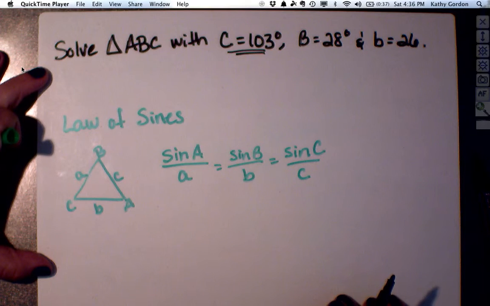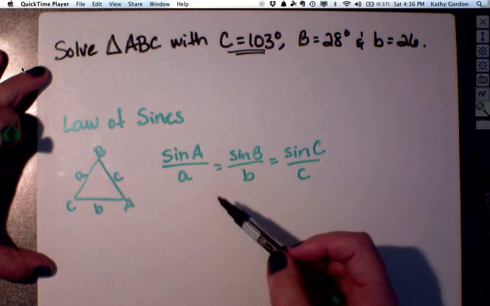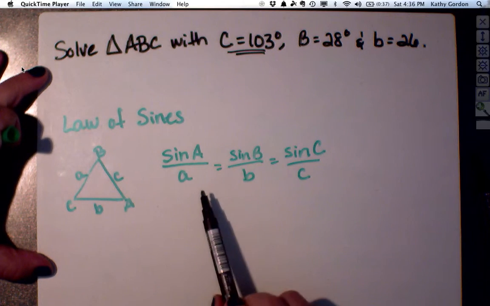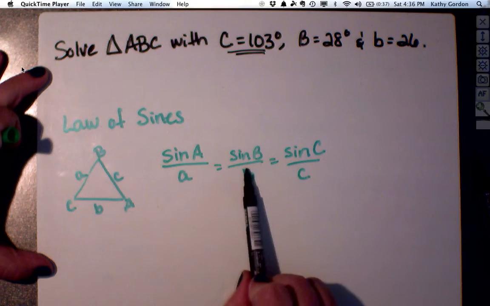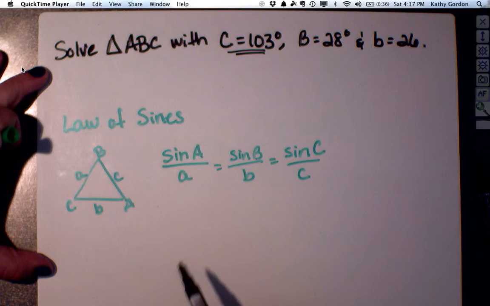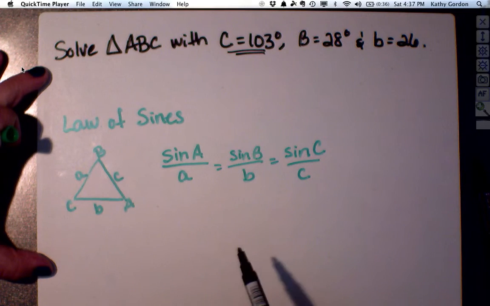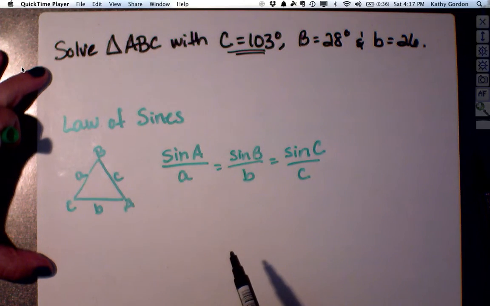Okay? So I can set up a proportion using any two of these ratios, and that will create an equation that I can then solve for any missing part of it.